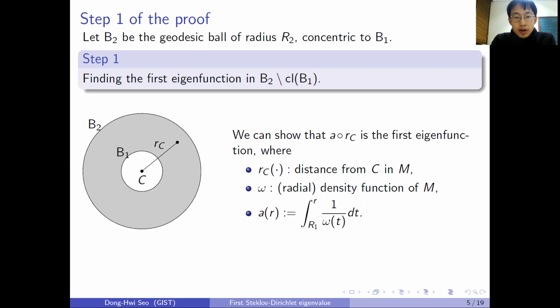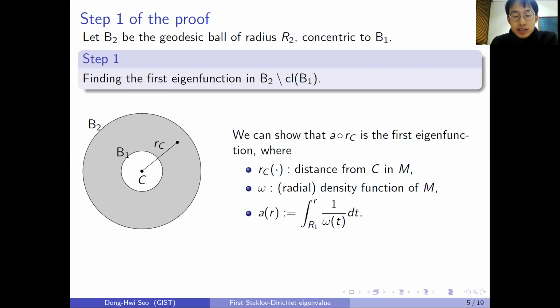We use separation of variables, and we can show that the first eigenfunction can be computed by a real valued function A composite R sub C, and here R sub C is the distance from the center of the two balls in the ambient manifold, and the real valued function A is computed by the integral of 1 over omega t from R1 to R, and here omega t is the density function of our ambient space.